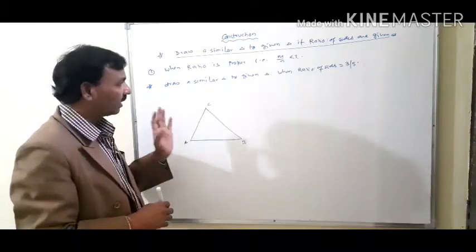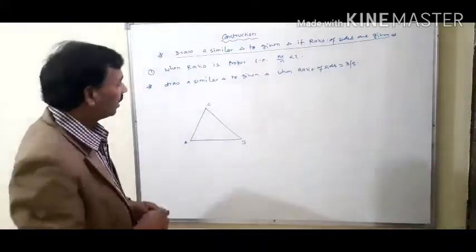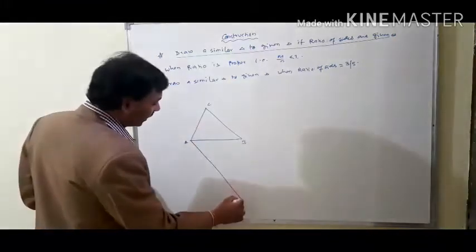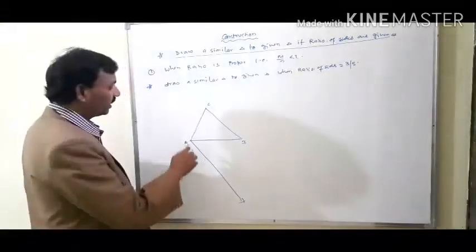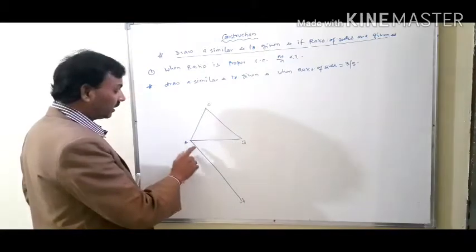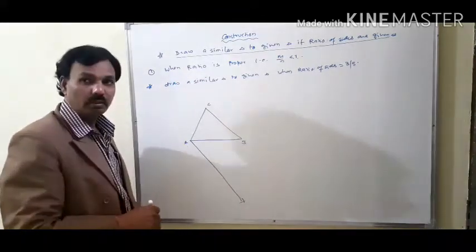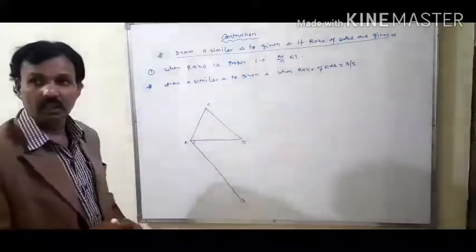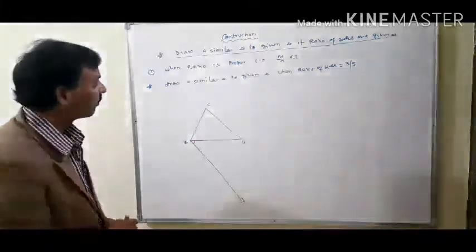Then make an acute angle like this, AX, with the side AB, with the condition that this angle should be acute, that means less than 90 degrees always.